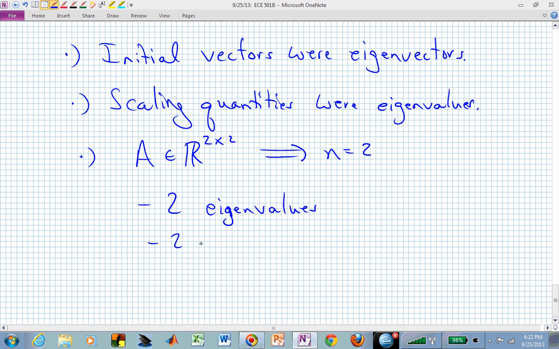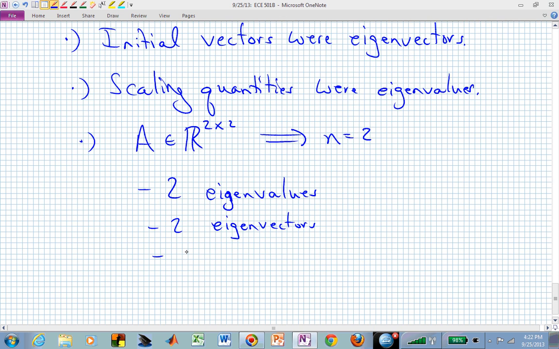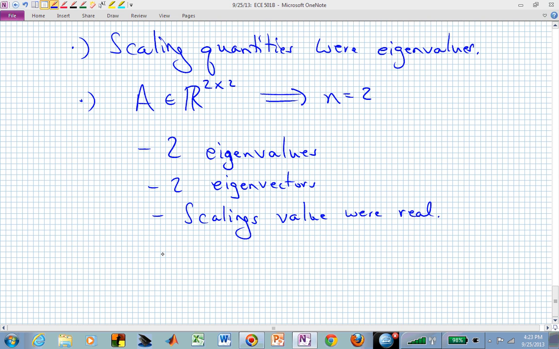We could have as many as 2 eigenvectors, and we did. The scalings were real, not complex numbers. We stayed right on those original vectors, and A was that special matrix.